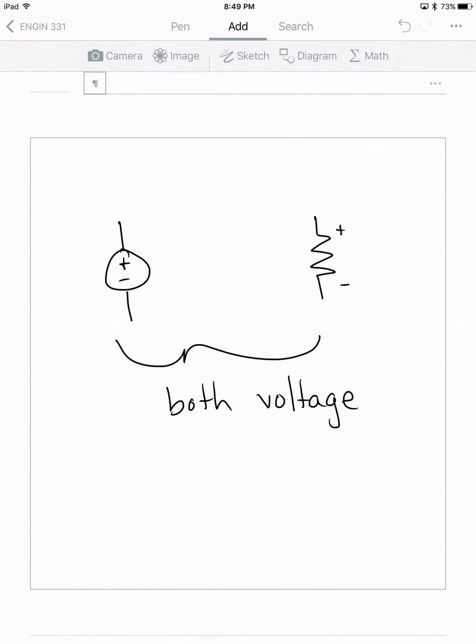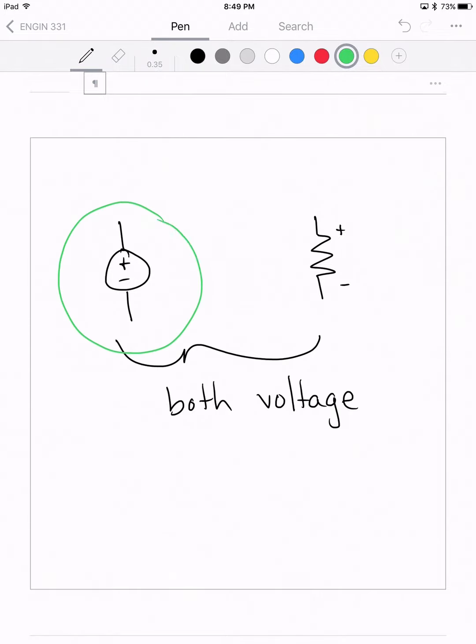However, EMF is a specific term that only describes voltage sources. So EMF describes a source only, and voltage can describe any voltage drop or voltage increase across any sort of distance or surface or anything.